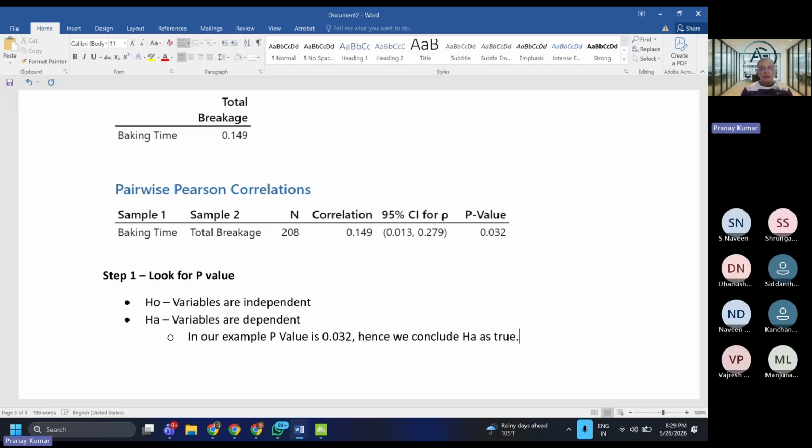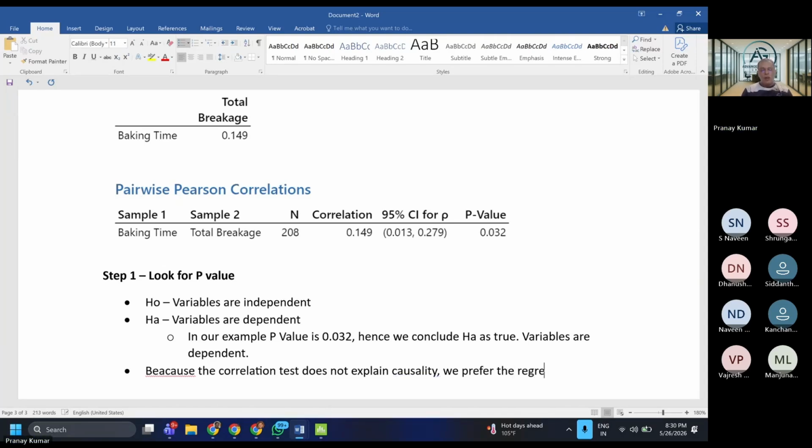So we are concluding that variables are dependent, because the correlation test does not explain causality. We prefer the regression analysis over this. Correlation is mostly used when you want to find the relationship between X and X, not between X and Y.